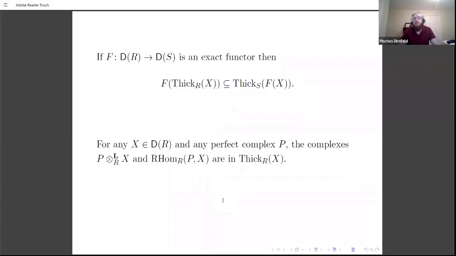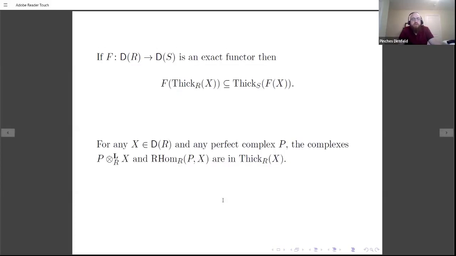There are a lot of results along these lines.